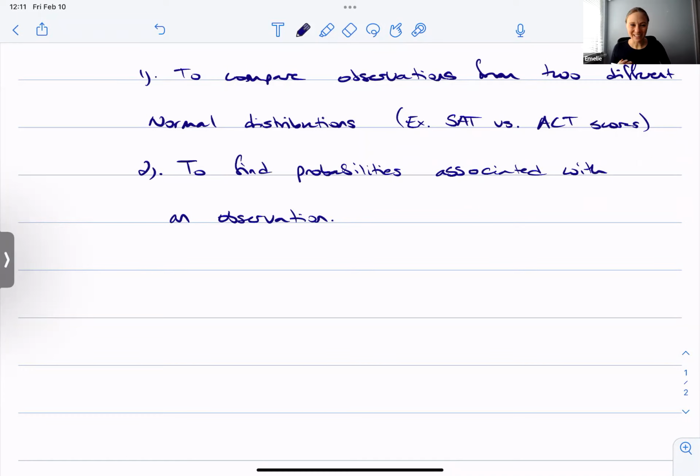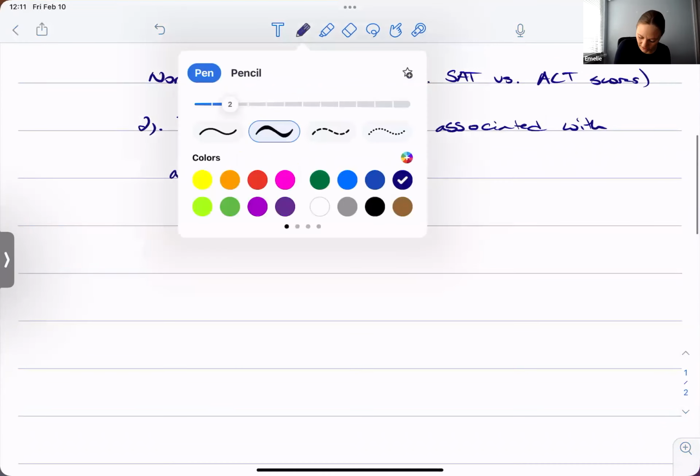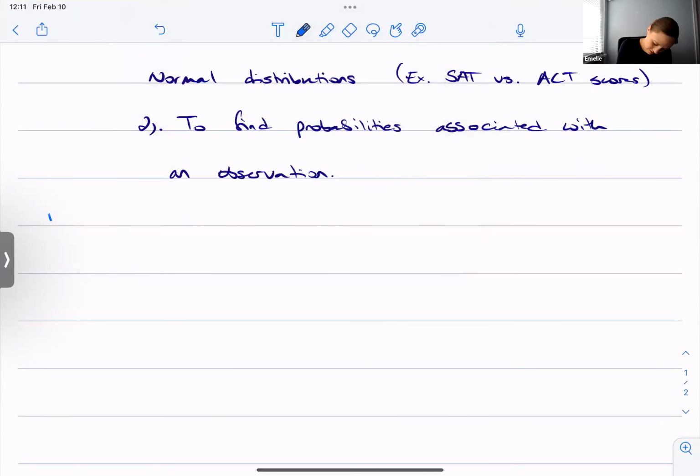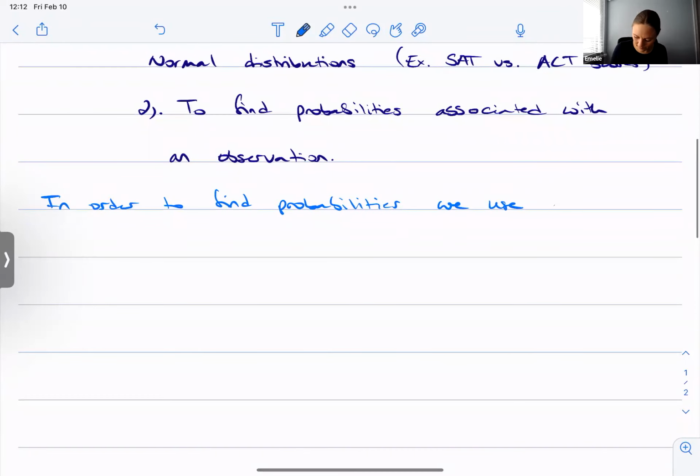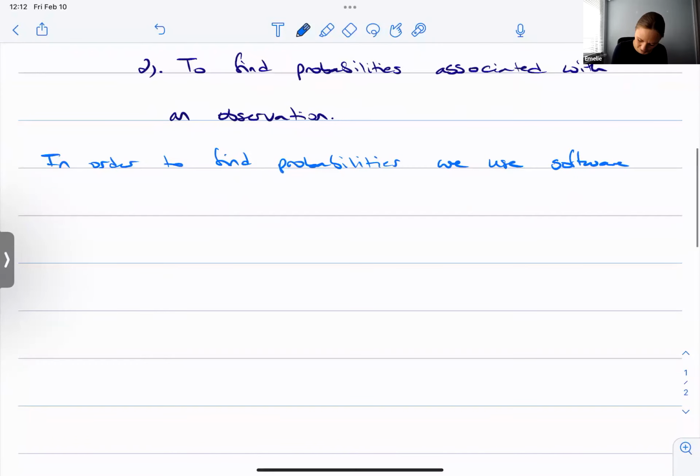I don't know. Okay, so in order to find probabilities, we use software in real life.